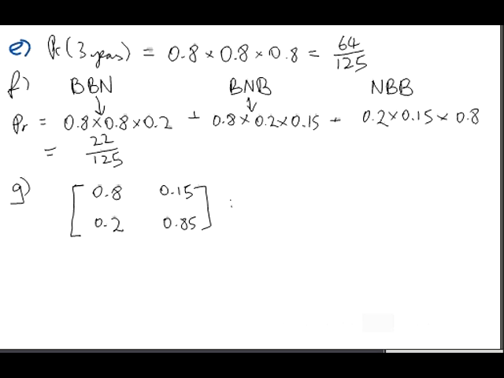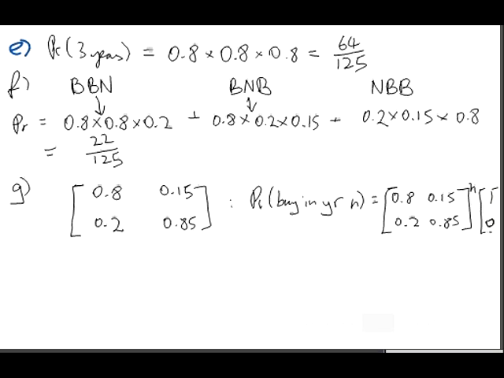So probability buy in year n is going to be simply the matrix 0.8, 0.15, 0.2, 0.85 to the power of n, and then 1, 0, because that's the result you want. You want to buy. Great. Really good. Okay. Now what? You want this to be smaller than 0.45.